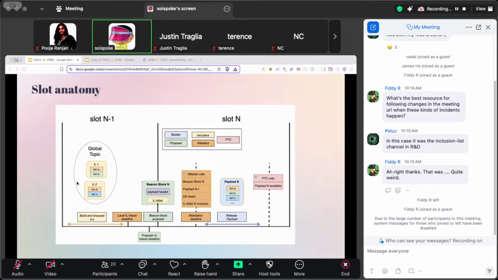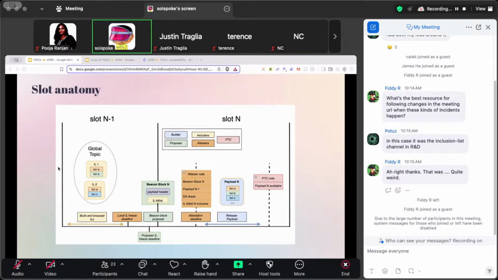But there's a lot more to this, especially now, and we can actually discuss the free option problem later on if you want. And then the PTC votes for payload n if the payload n is made available on time by the builder.